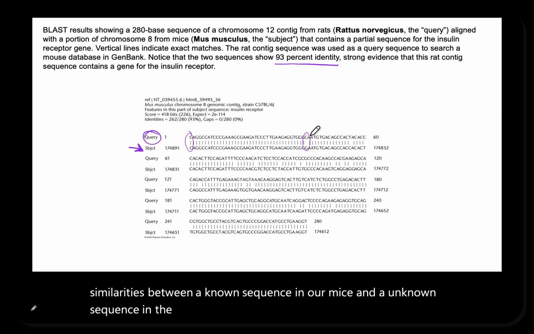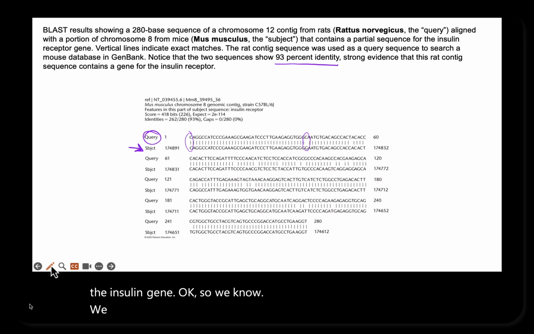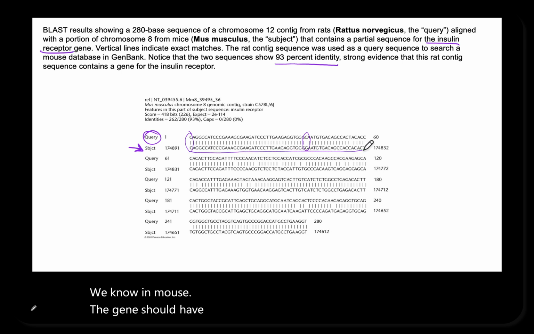The known sequence that we know here is for the insulin gene. Okay, so we know in mouse that the gene should have this sequence here.